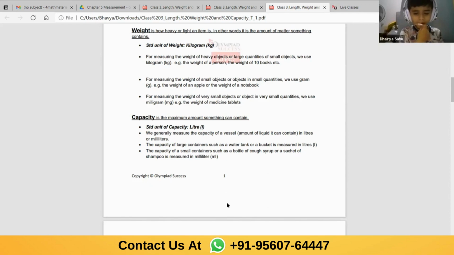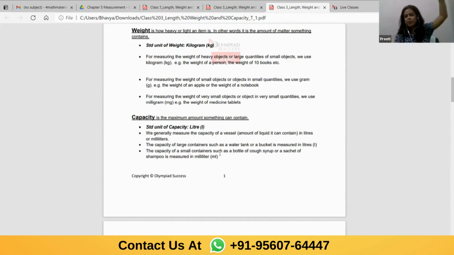And ma'am, the capacity in mLs is actually very less. Yes, it is less. So I'm going to come to the relation between them. You will get to know how the units differ. They differ a lot from each other. The capacity of large containers such as a water tank or bucket is measured in liters, whereas the capacity of small containers such as a bottle of cough syrup or a sachet of shampoo comes in ml.